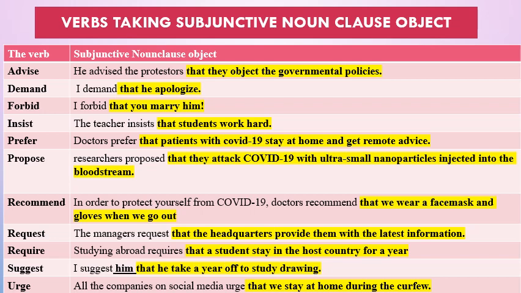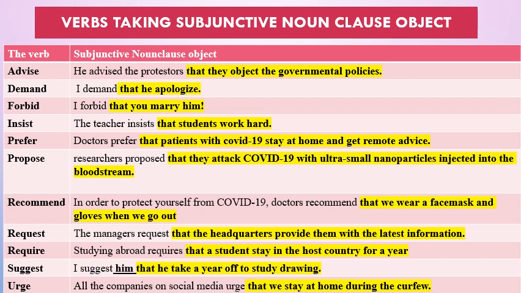And if you read the first sentence, he advised protesters that they object the governmental policies. You see that there is sort of differences between the British English and American English. Americans, no need to insert should.